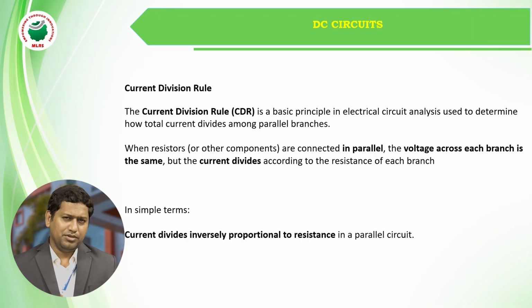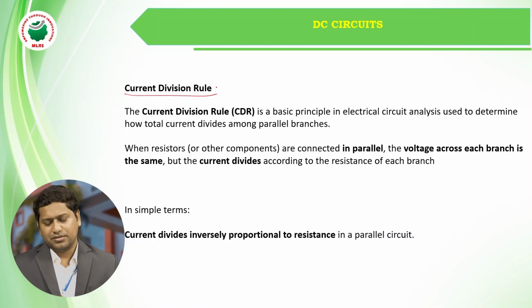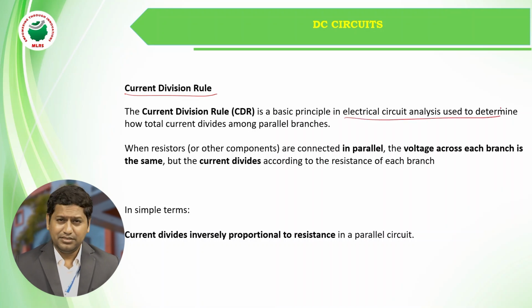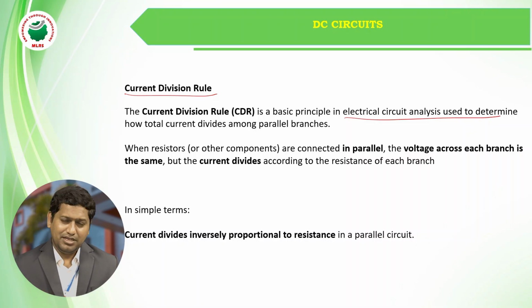Next, we are going for the current division rule. In the current division rule, this is the basic principle: determine how the total current gets divided in the parallel branches. Already we have discussed the voltage division rule, which is related to the series connection.